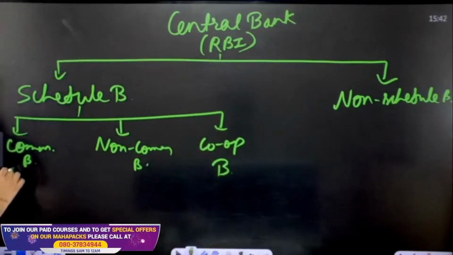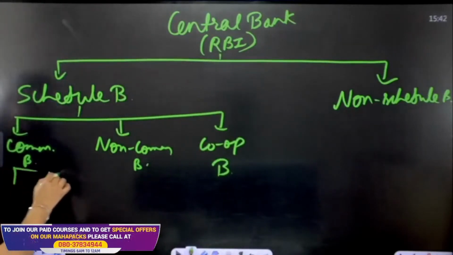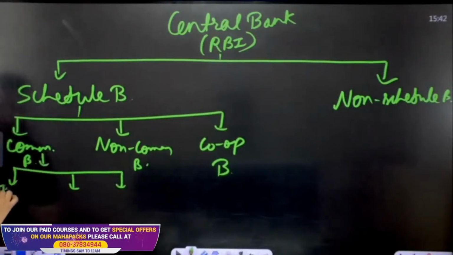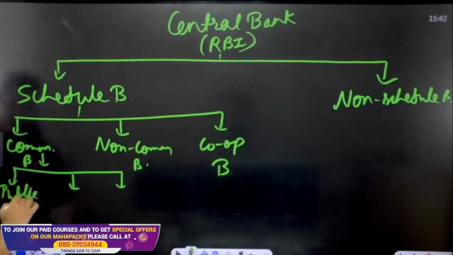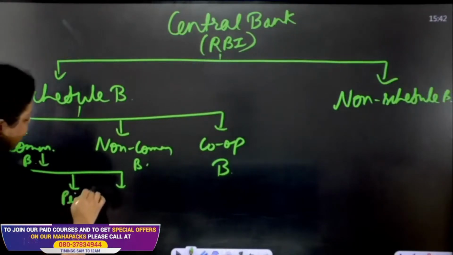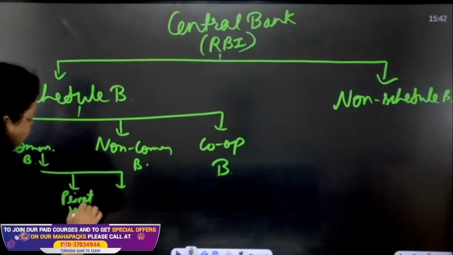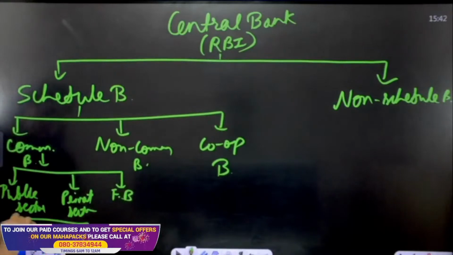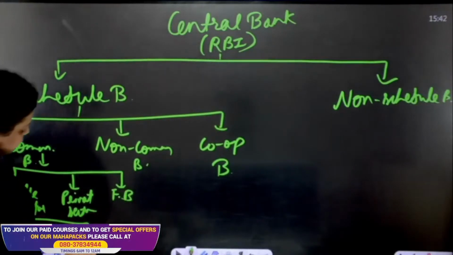Now the commercial banks are further divided into 3 categories: public sector banks, private sector banks, and foreign banks. Okay, now the public sector banks are further divided into 2 categories. First is State Bank of India, and the second one is nationalized banks.